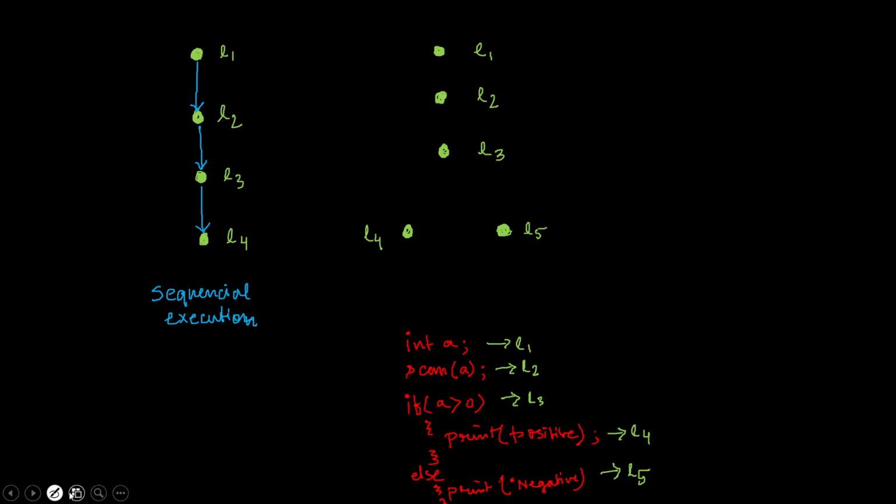So in the mapping, the arrow goes from line 1 to line 2, line 2 to line 3, and then you have to decide. There is a bifurcation from this point. This is because of the condition, which was absent in the previous case, right?